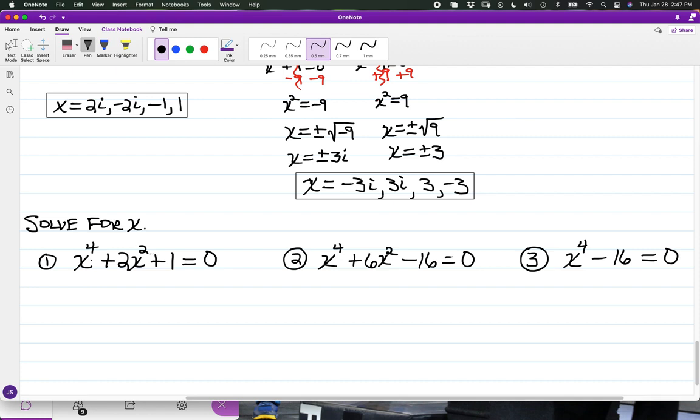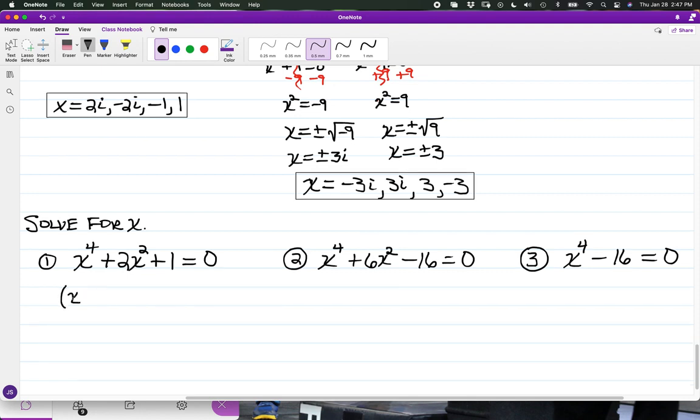Okay, now for the first one, we have x to the fourth plus 2x squared plus 1 is equal to 0. And this equation is going to be quadratic in x squared. And this trinomial can be factored.